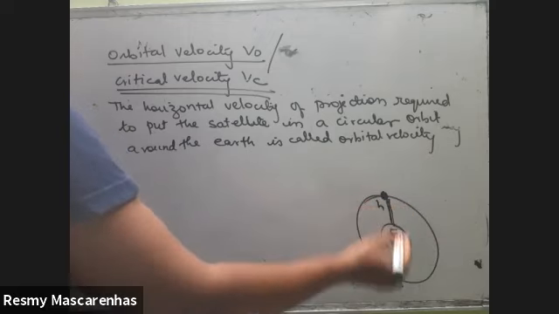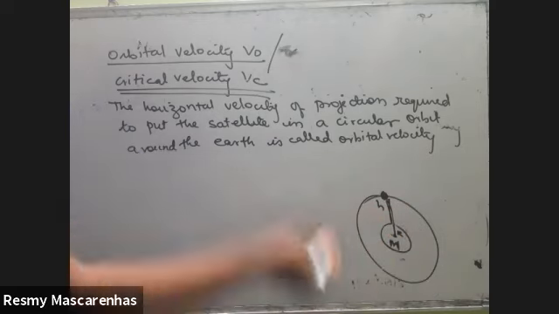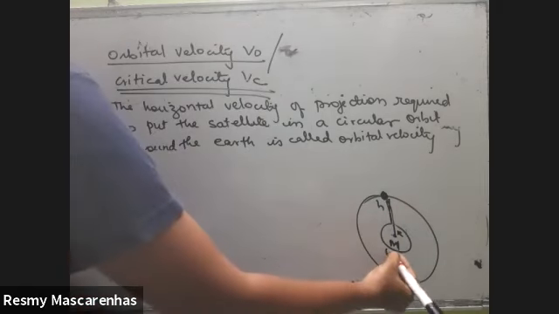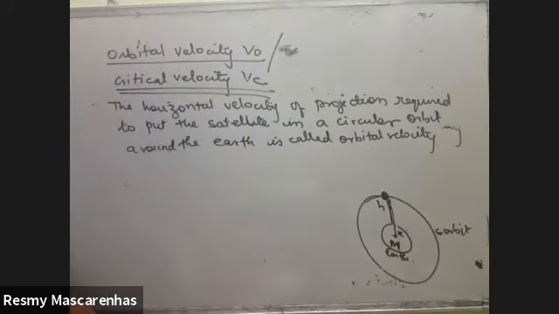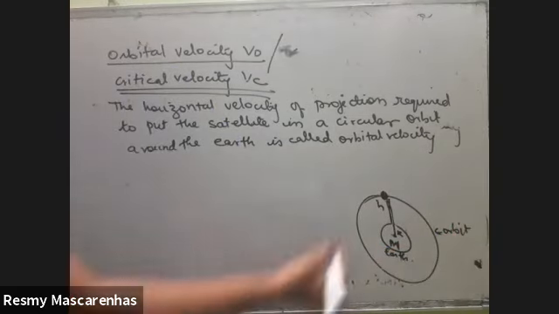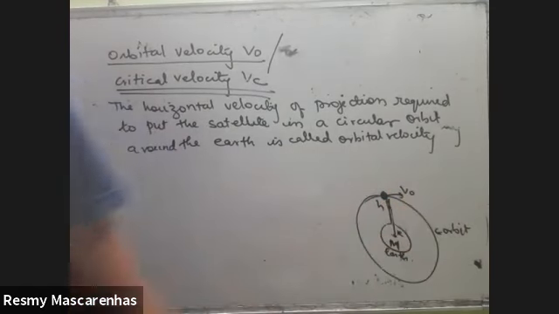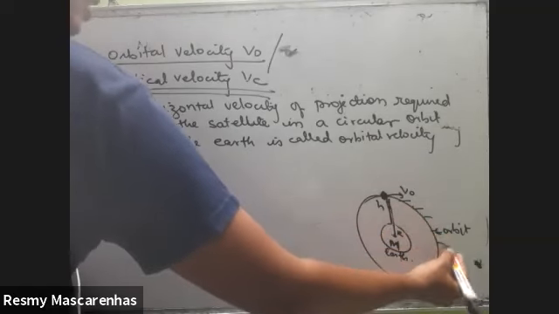Suppose this height is h and the radius of the Earth we will take as R. This is your Earth orbit. Now this is that horizontal velocity v. At every point it is like this, just taken like the tangential type.